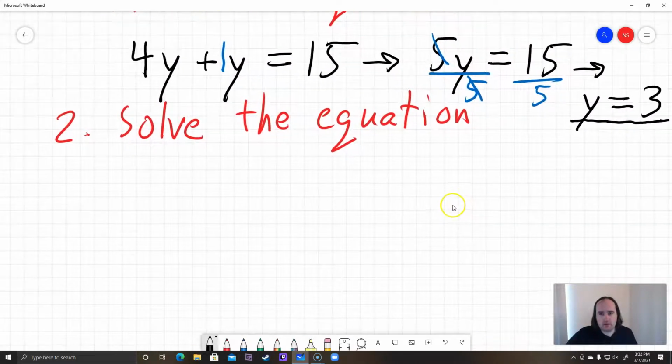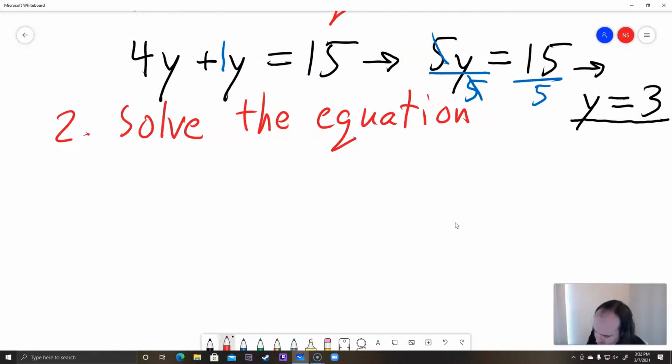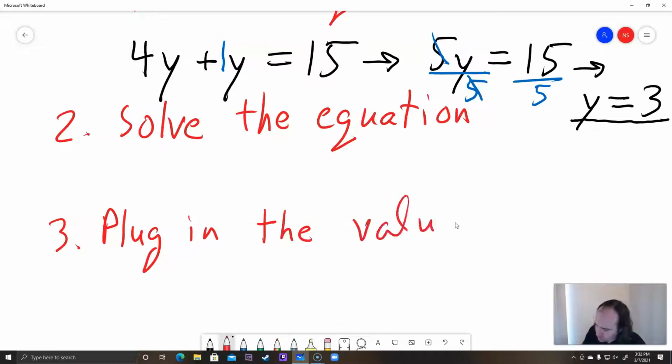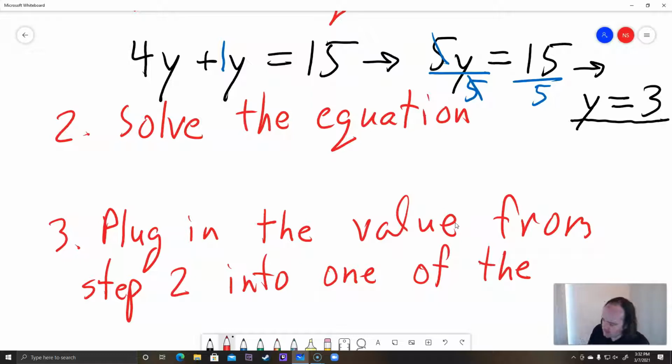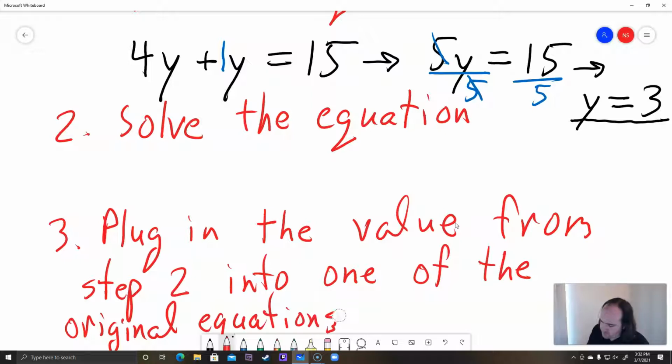Okay, so step 3 is to plug in the value from step 2 into one of the original equations and solve.